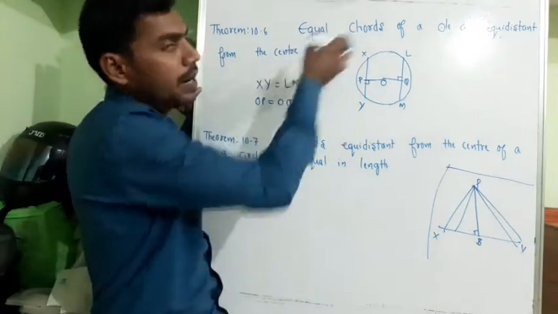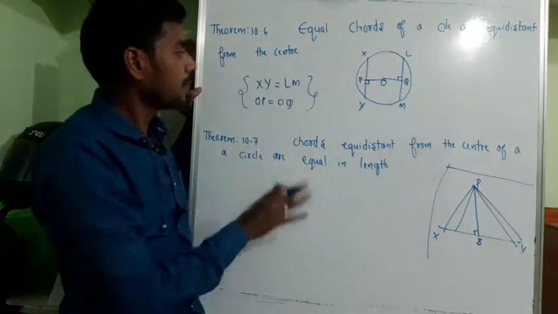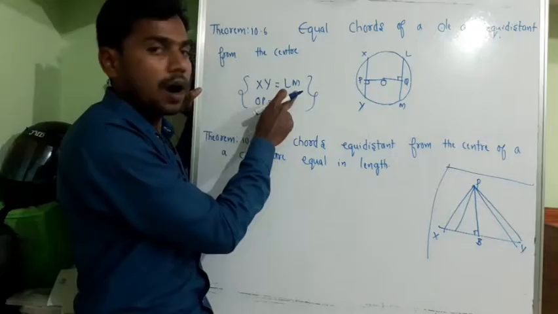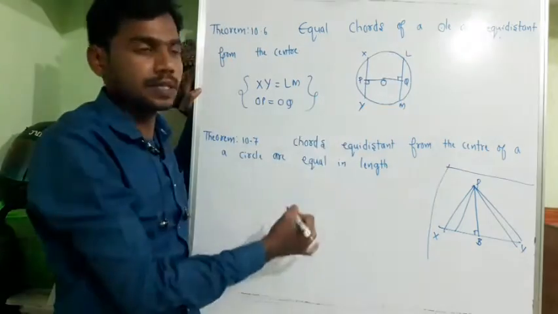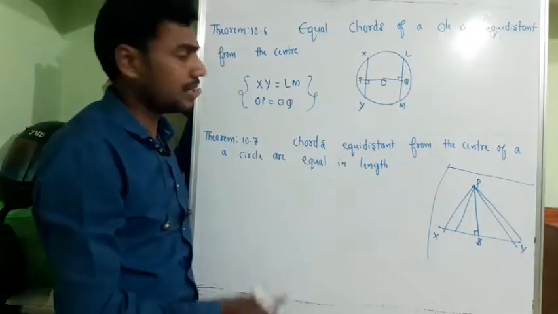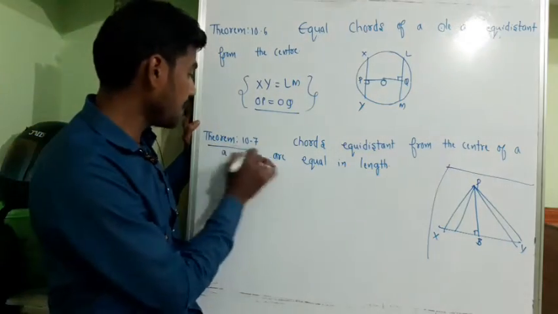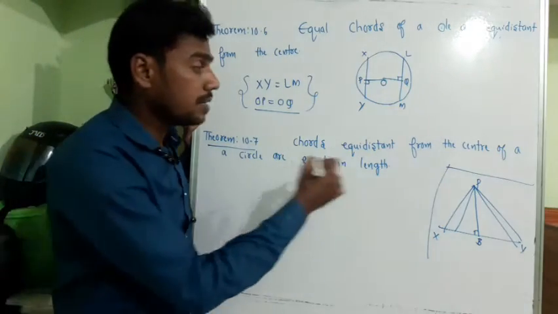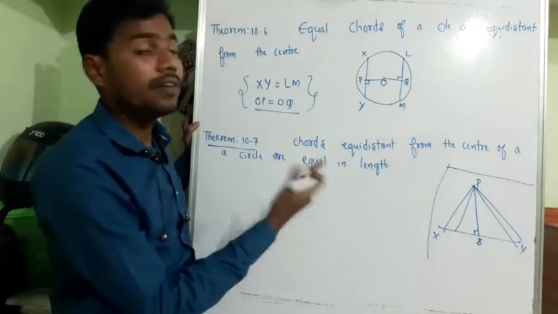So see, how can we state it? In words: equal chords of a circle, same circle, are equidistant from the center. Next, theorem number 10.7. Chords equidistant from the center of a circle are equal in length.